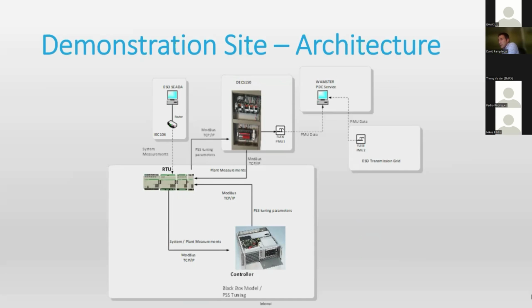Finally, in the architecture, we can also see the PMU system that we have been using for monitoring purposes and to confirm the different hypotheses of the models. In this case, there are two PMUs deployed, one in the transmission grid and another one in the power plant.